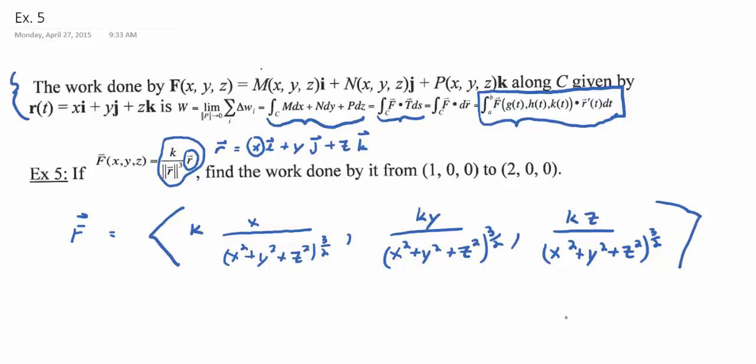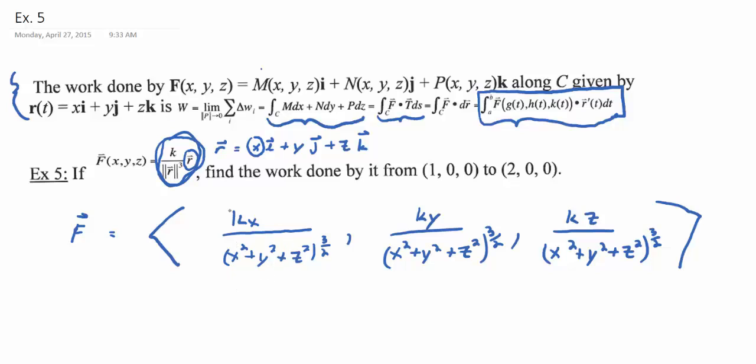Do you believe that? So this k divided by the magnitude of r cubed times r is just a shorthand notation for this vector field. Any issues? Any questions?